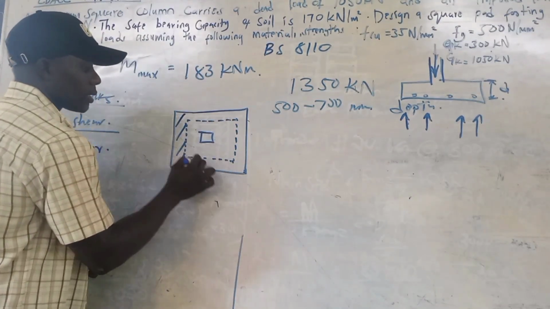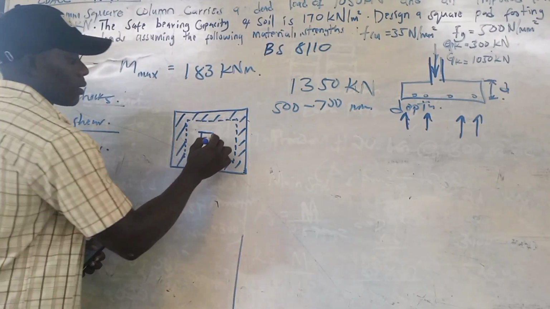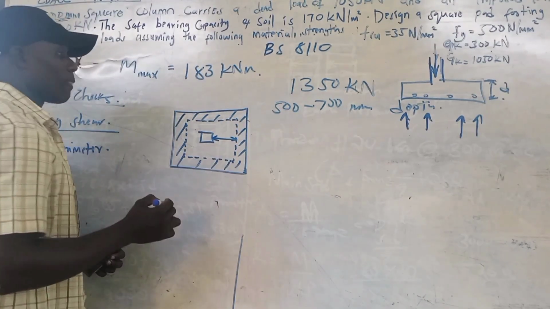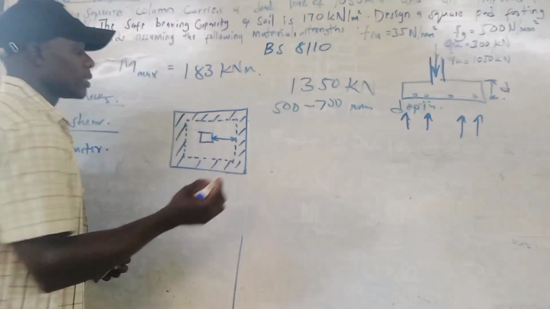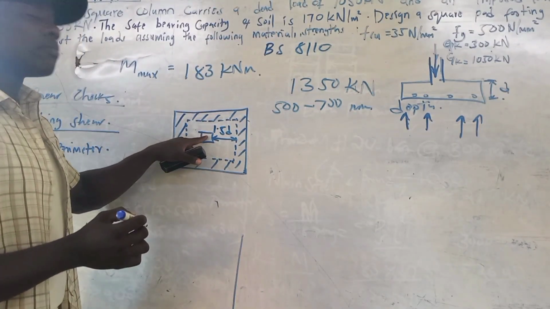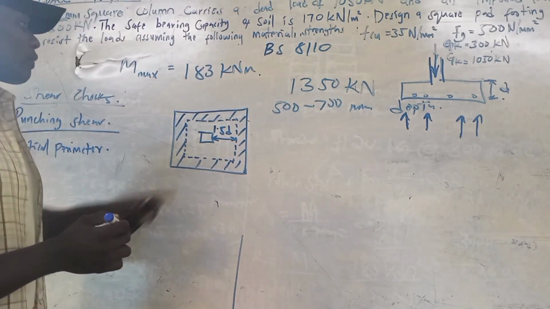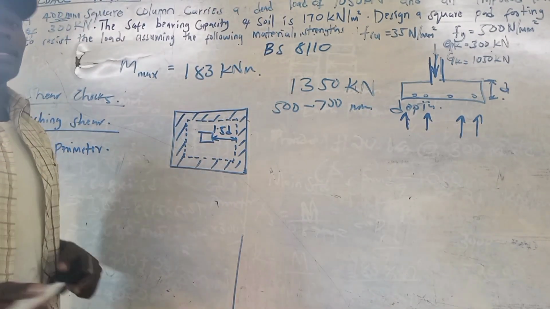From BS 8110, the critical perimeter is at a distance of 1.5 D from the column perimeter. Okay, so from here to here is 1.5D.